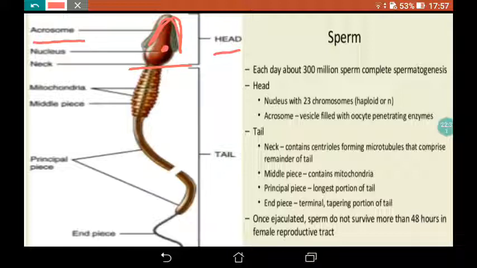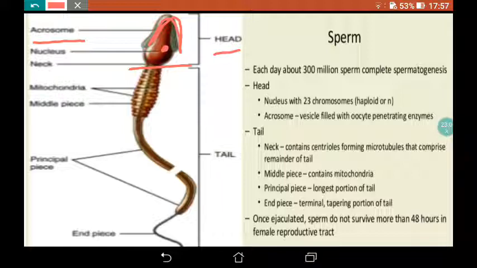This acrosome is very important because it contains different types of hydrolytic enzymes, collectively called sperm lysins. Clear? They include enzymes like hyaluronidase, zona penetrating enzyme, and zona lysin. These enzymes are hydrolytic enzymes meant to penetrate and degrade the walls present around the egg.